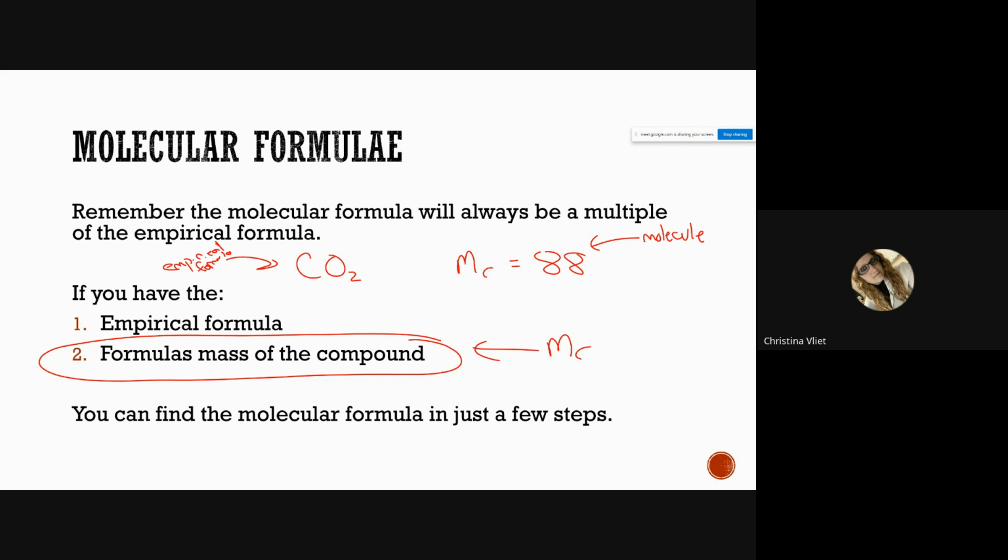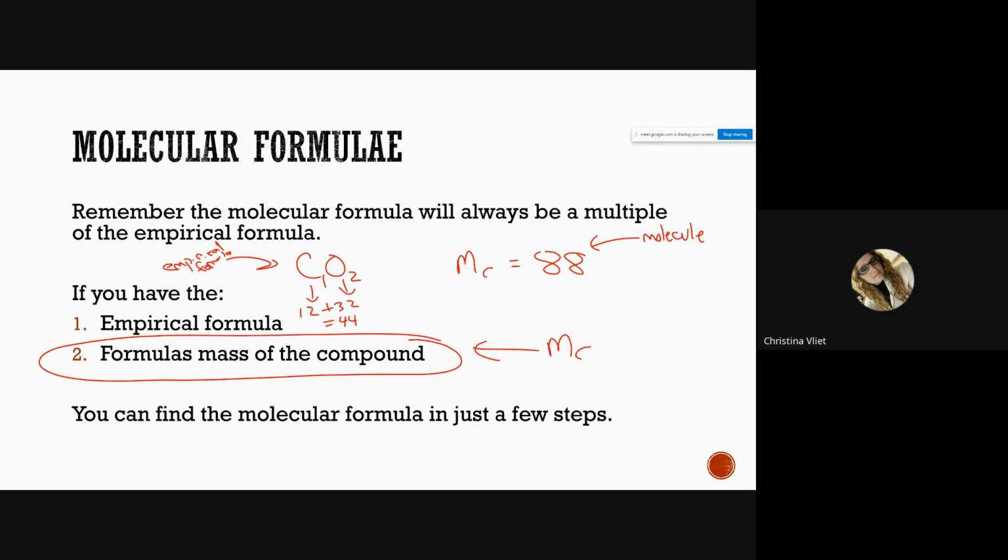So you would say, okay, I know that this is 12 plus 32 is 44, and that CO2's molar mass is 44. The molecule I'm looking for is 88.